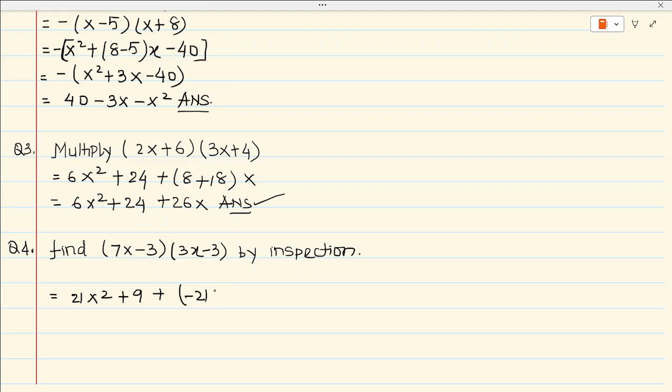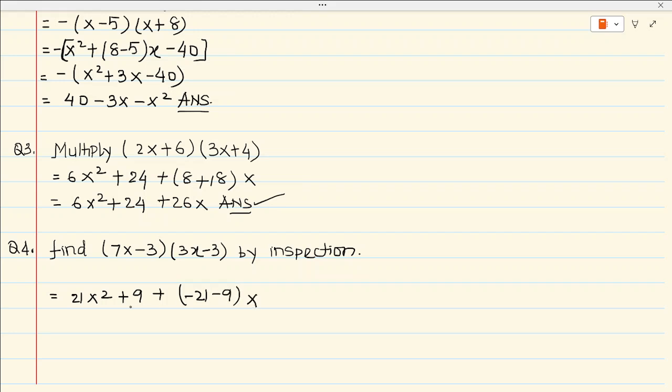21, okay, with x. You can put it x here, otherwise we will write x outside. And this last into first, 3 3s are 9, minus 9x.